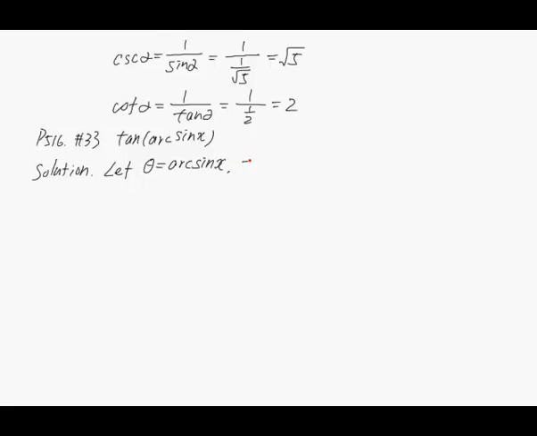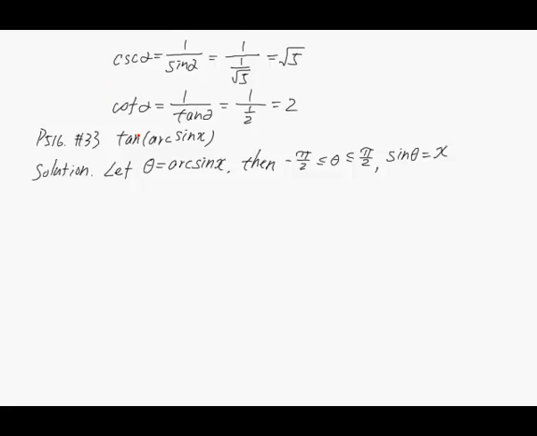So first, we have theta greater than or equal to negative half pi and less than or equal to half pi. And also, by the definition, sine theta is equal to x, because theta is the angle whose sine is equal to x.